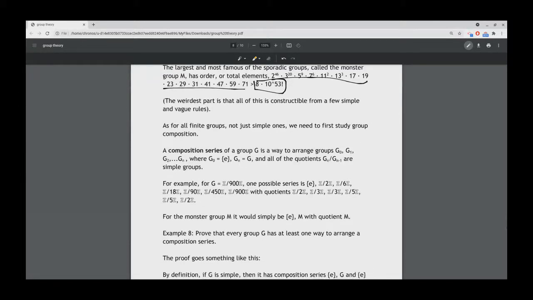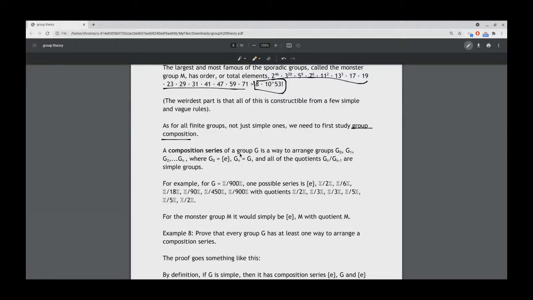As for all finite groups, this is just all the simple groups. So for all finite groups, how are we going to construct them from a bunch of simple groups? Because there's pretty much no tie so far. But in fact, there is, and it's called composition.